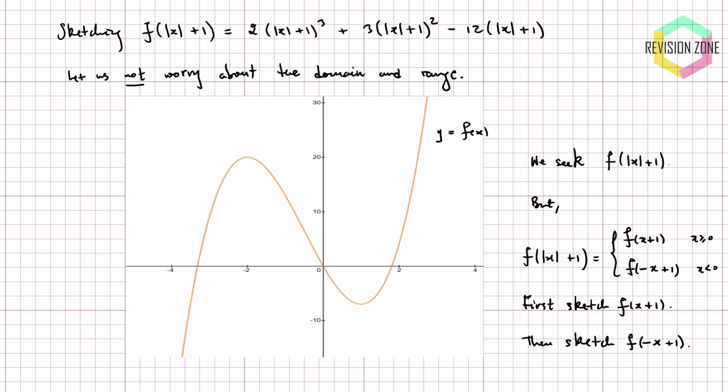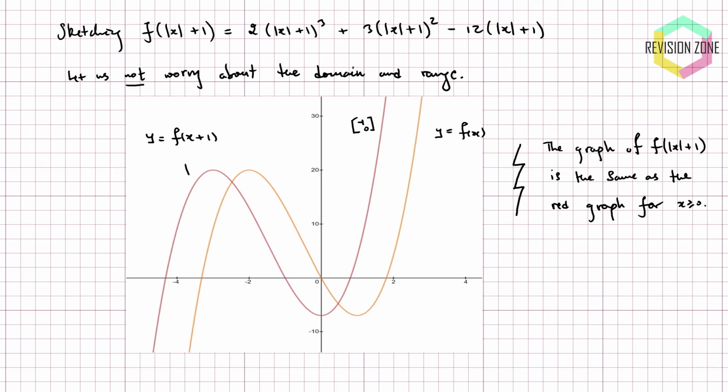We're going to make life easier and not worry about the domain restrictions we've been living with all this time, and just do it for the entire curve. Once we've done that, you could always go back and keep the curve between x being minus 3 and 2 or whatever.